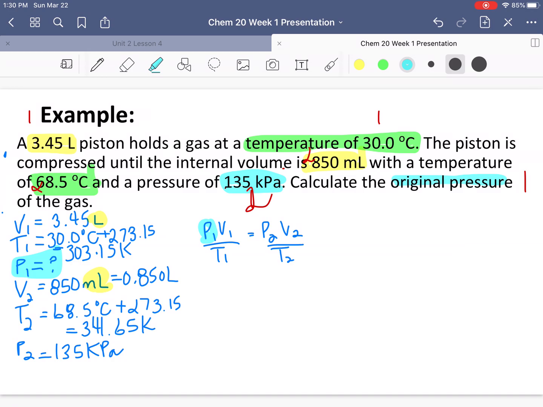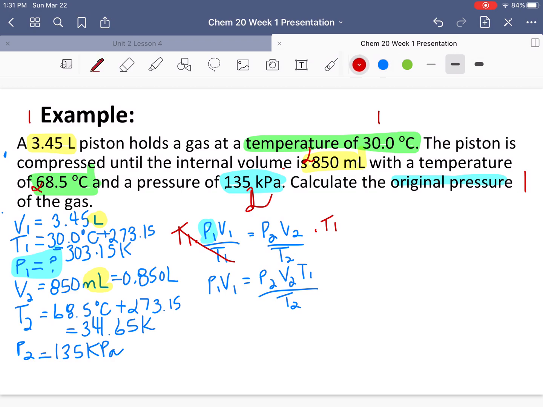Okay. If P1 needs to get by itself, the temperature on the bottom is in the way. How do you get rid of a divide by? You times by it. We do to one side, you do to the other. These cancel out. Move on. Now we're left with P1 V1 is equal to P2 V2 T1 all over T2.